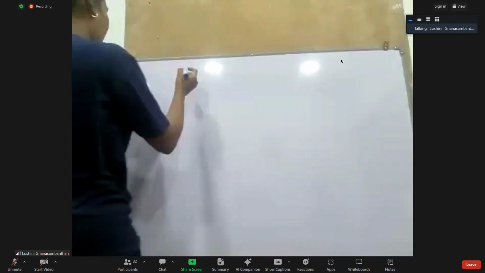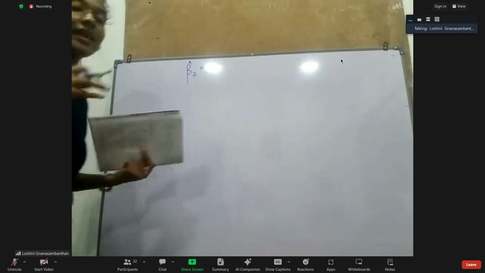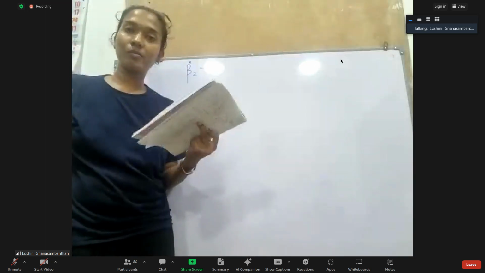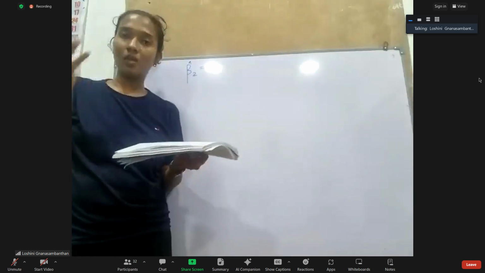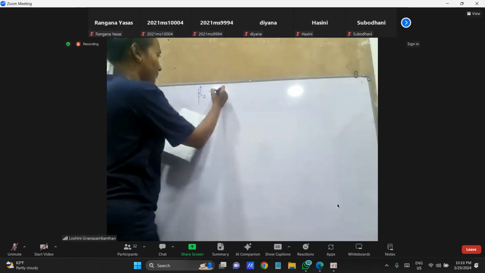Now we have beta 2, right? Actually, we are not going to find an equation. We are going to make that equation simpler, because you know that the previous method's equations were very complicated.